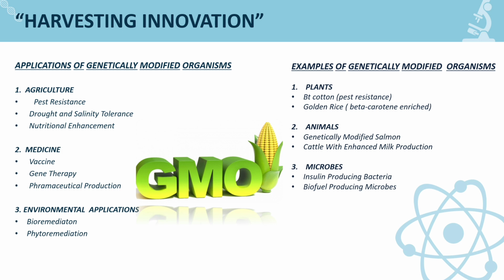And you are making them able to survive in harsh conditions, like in the absence of water or in extreme salt conditions, right? And the third one, nutrition enhancement, where you are adding extra nutrition to the plants by modifying their DNA and introducing a new gene to increase their nutritional value, right?